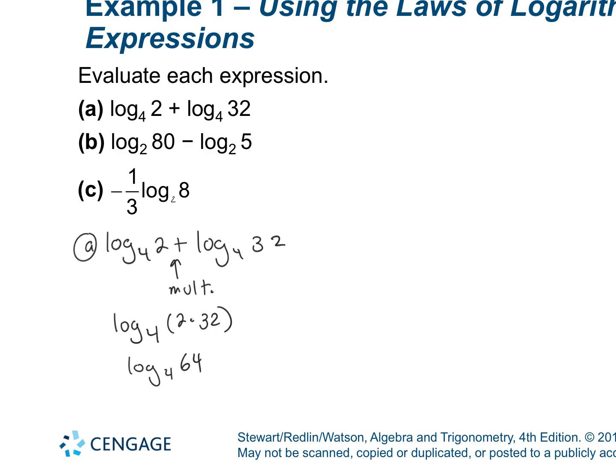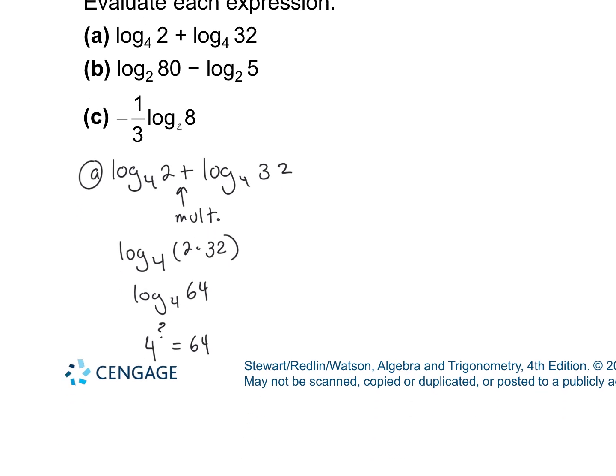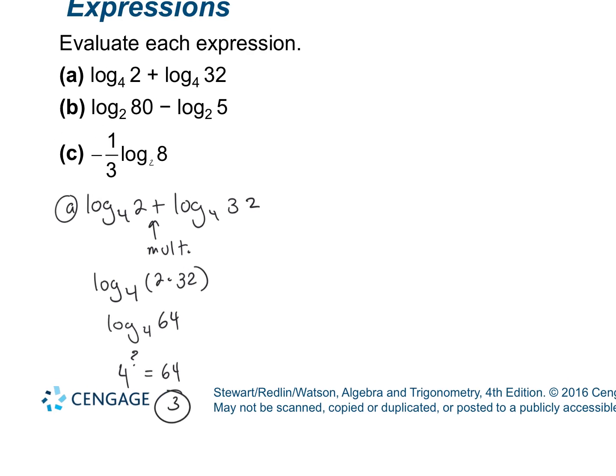And if you remember the laws for logarithms that you saw in Algebra 2, whatever the base is to whatever power is going to equal 64. So 4 to what power equals 64? And you would get that the question mark would be 3. So your answer here would be 3.